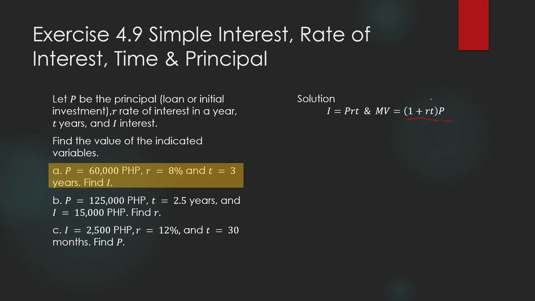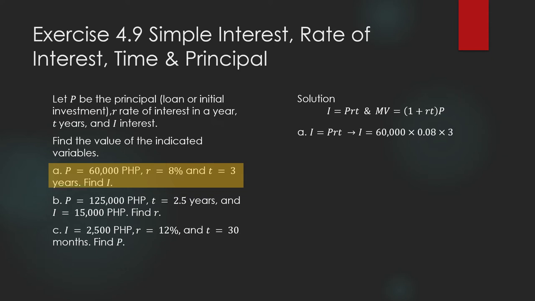You can also look at this as the principal plus the interest. Since we know that the interest is equal to P times R times T, we can factor out P, and this leaves us with this equation.